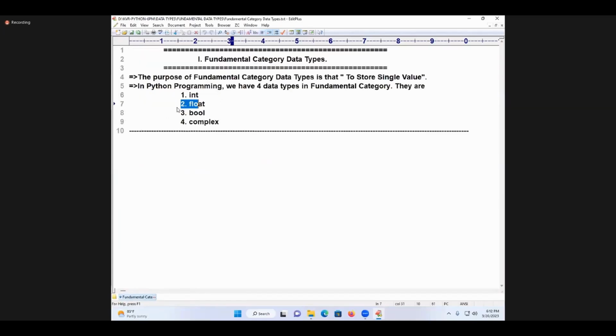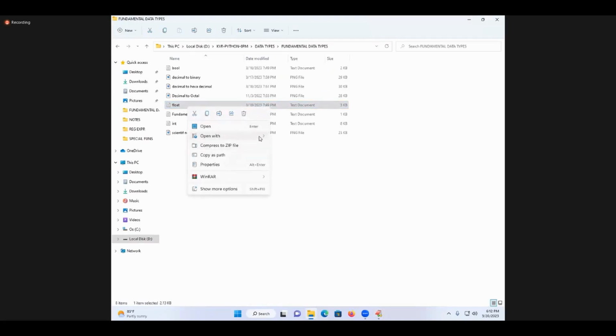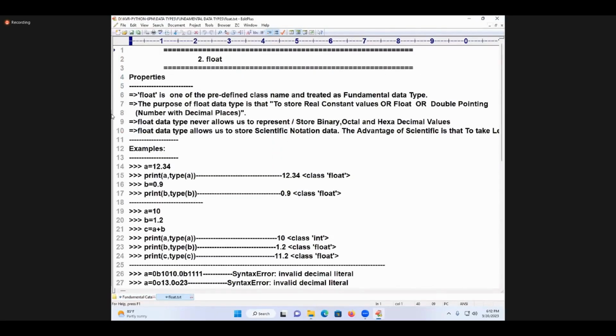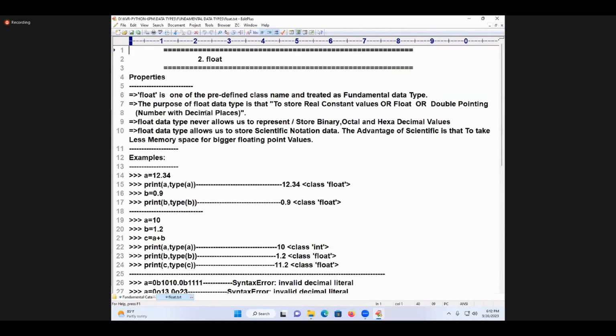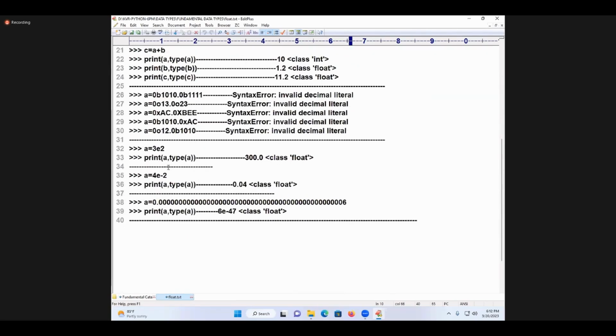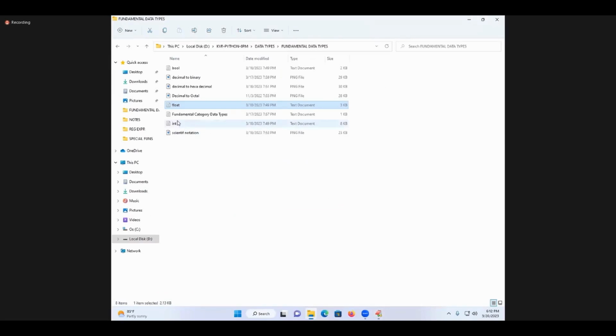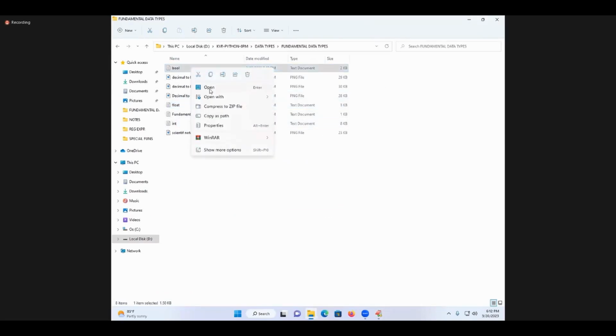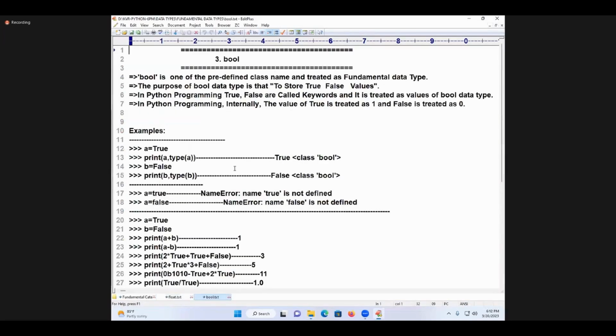Float data type we also completed, students, along with its properties. And the most important thing is scientific notation, very important. After that, the bool data type was also completed.